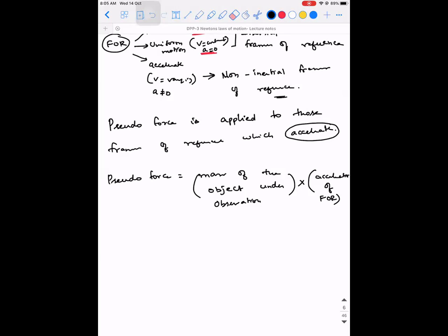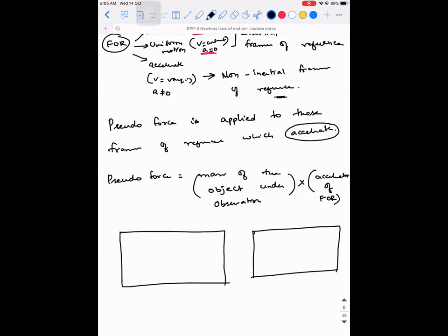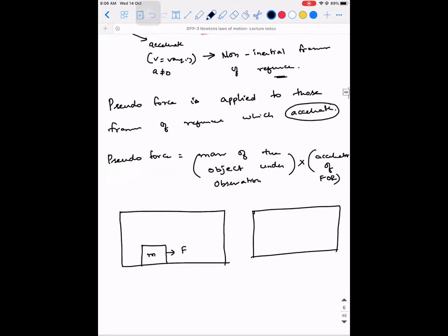Now I will take a very simple example. Understand. Let's say there is a block of mass m which is pulled by a force F. There is a force of F applied on a block of mass m.